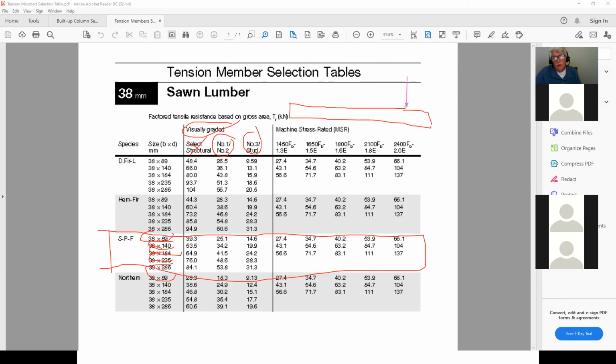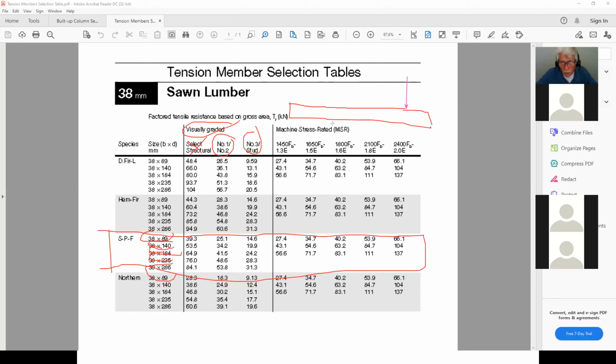This machine actually applies a force at every 6 inches. The board goes through the machine, which comes down and applies a force, okay? And for that force, they know what's going to be the bending resistance of this member.